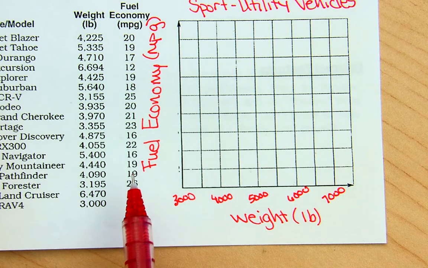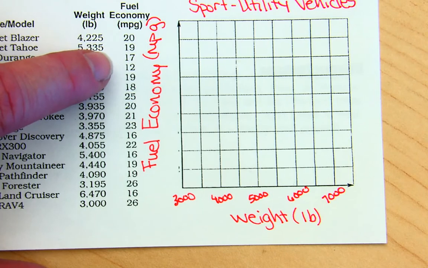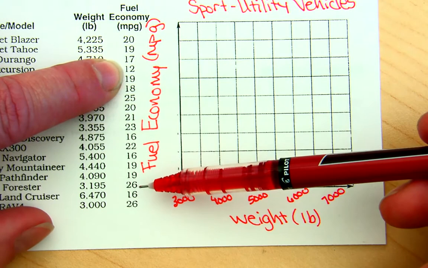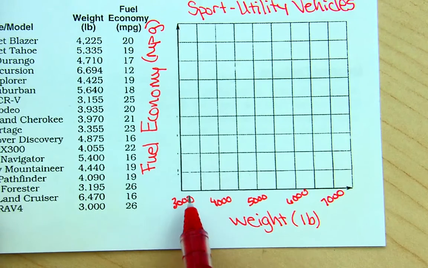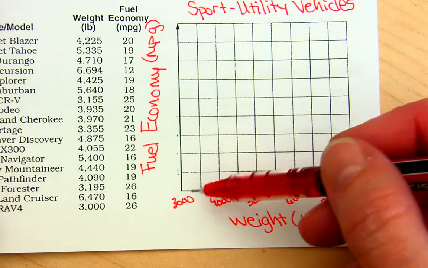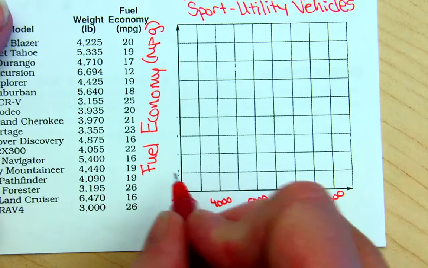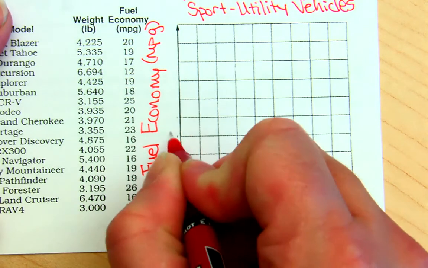And then for fuel economy, 12 is the smallest, and 26, I think, is the highest. So we need to label that so that 12 to 26 fits along there. So if we label here 12, 14.